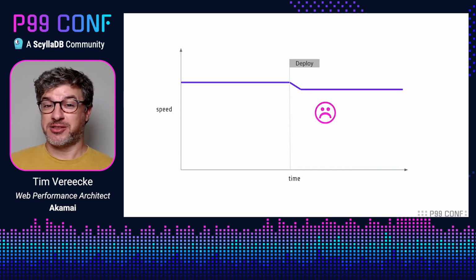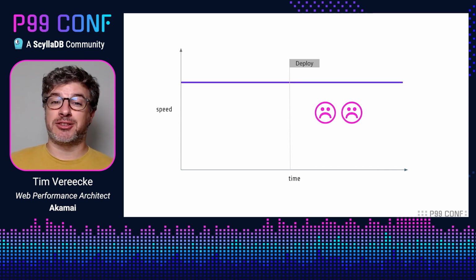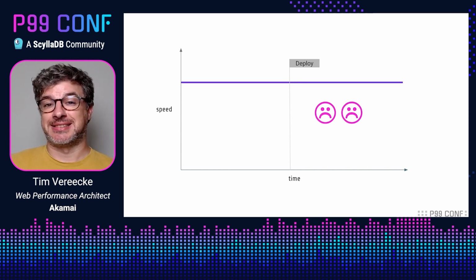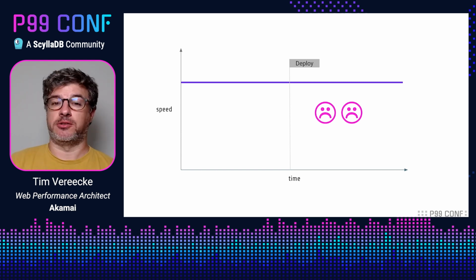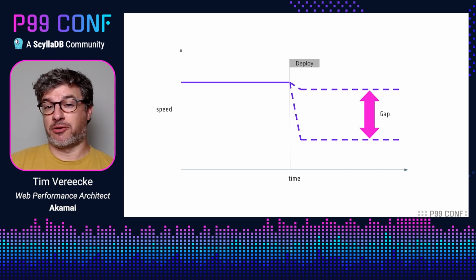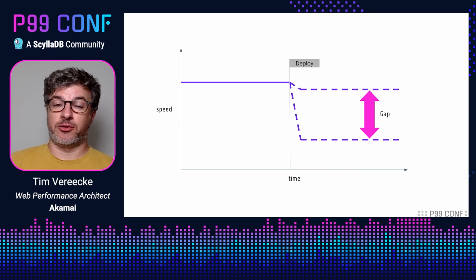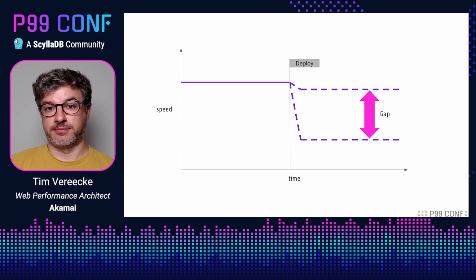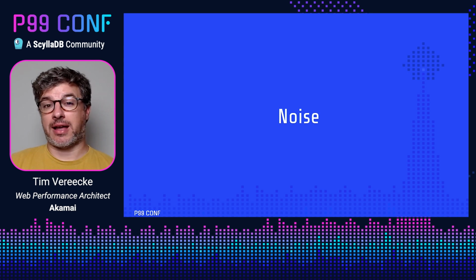Sometimes we see graphs which are more like this, or even a flat line. And this is certainly true when you look at the P99. And the reason for this gap between what you expect or hope and the reality in RUM is likely noise. We will look at 3 different sources of noise.